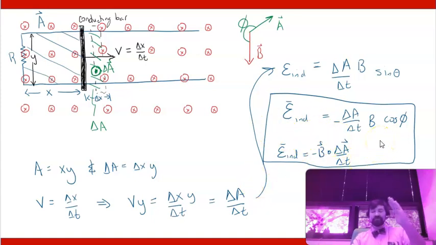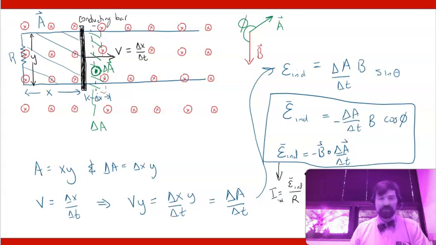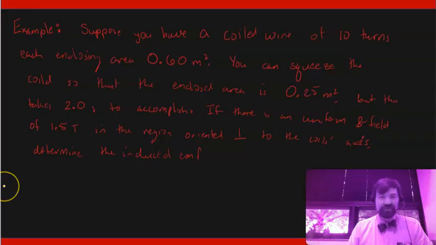It also suggests that if you rotate the coil of wire relative to the field, you should get an induced EMF. The second comment is, why did I bother with having a resistor on the end? The resistor is so that via Ohm's law, we could write that the current induced is the induced EMF divided by resistance.